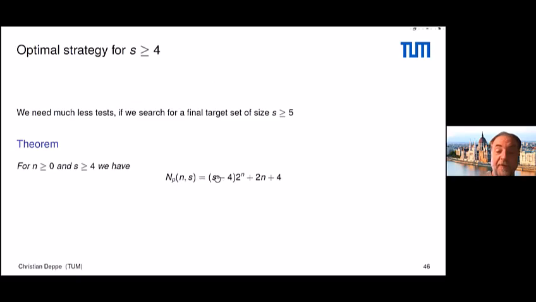So if I put in 4, you get the previous result, 2n plus 4. But I can get much more if I set a bigger s. If I put in 5, then I can reduce it logarithmically, and it grows exponentially somehow. Yes? Is the idea clear? Okay. Hopefully.